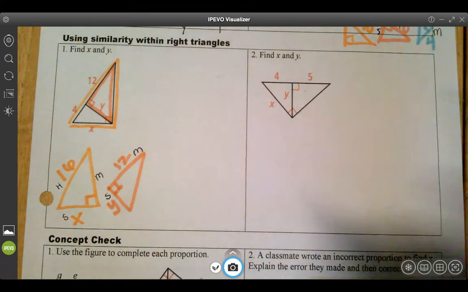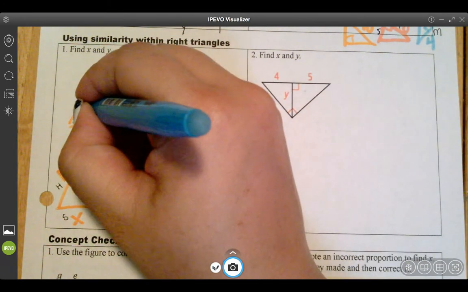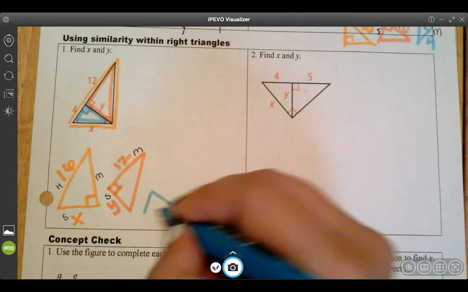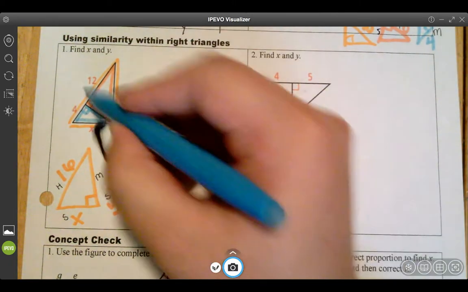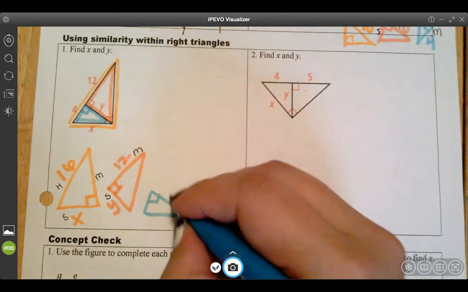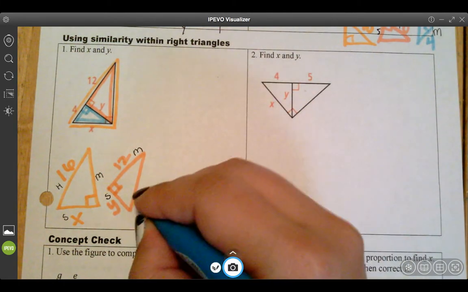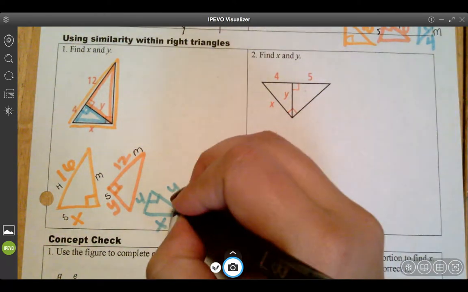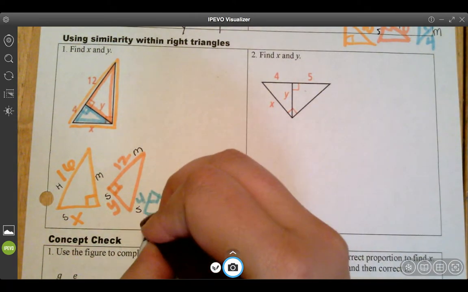And then the small triangle, the leg that they share for the small triangle is the medium side. So that will be medium, small, hypotenuse.